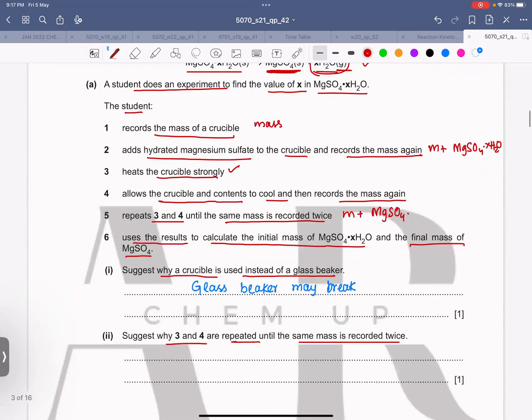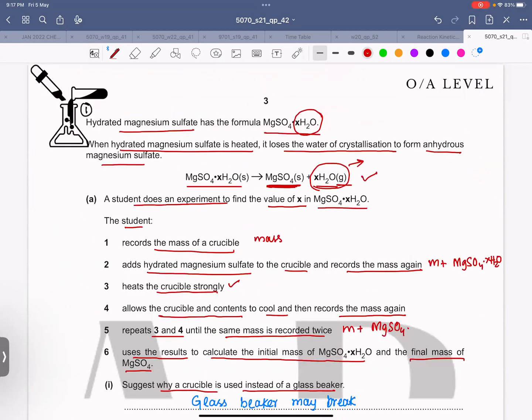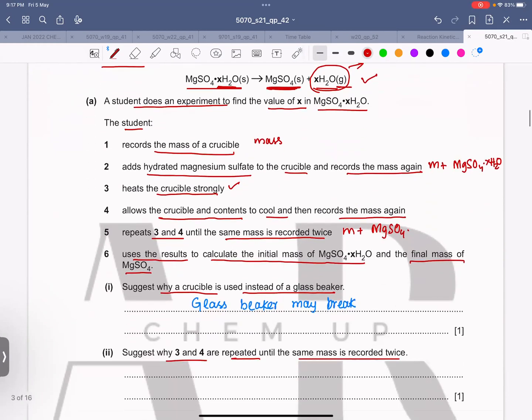Now, suggest why 3 and 4 are repeated until the same mass is recorded twice. It is because we have to remove all the water from the hydrated salt. So when we are getting the same mass after heating, and then we are again getting the same mass after heating again, it clearly indicates that whatever water was there, all must have been lost.